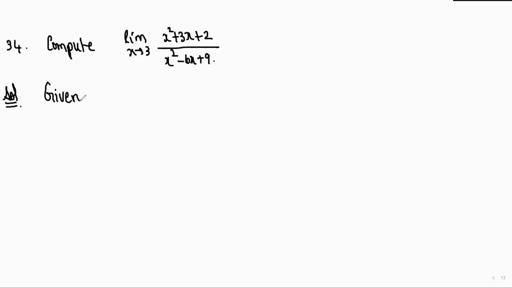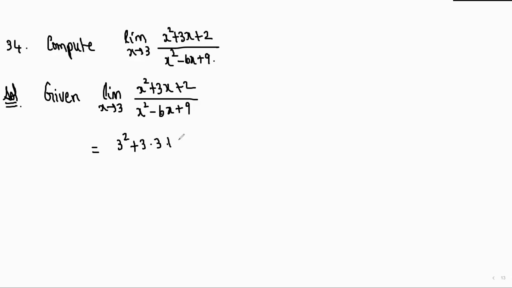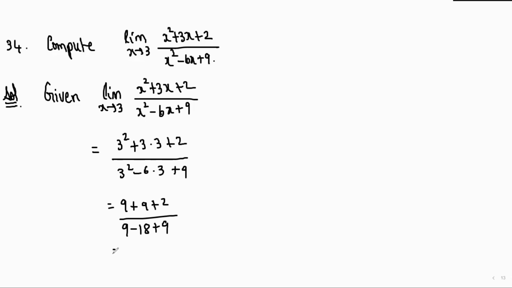Direct substitution: (3 squared plus 3 into 3 plus 2) by (3 squared minus 6 into 3 plus 9), which is (9 plus 9 plus 2) by (9 minus 18 plus 9). That is 20 by 0. Anything divided by 0 is infinity. Infinity is the answer.